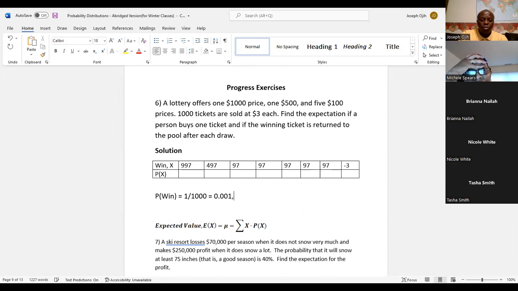Now, the probability of losing. There are 7 prizes to win, right?